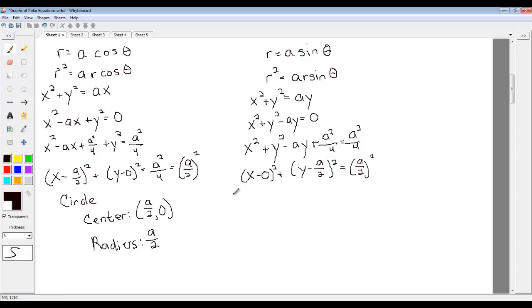So in this one, it's another circle. This time the center is at 0 comma a over 2, but the radius is still a over 2.